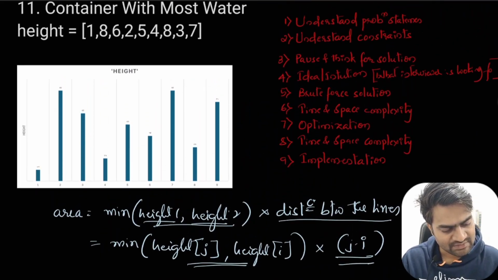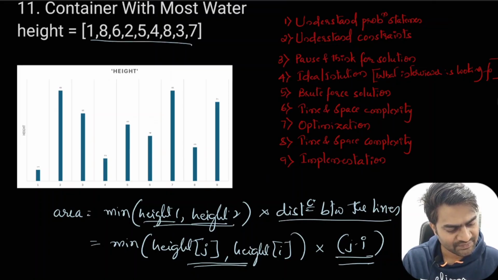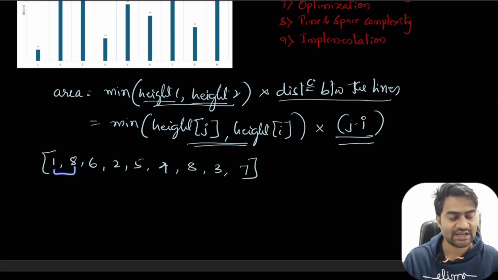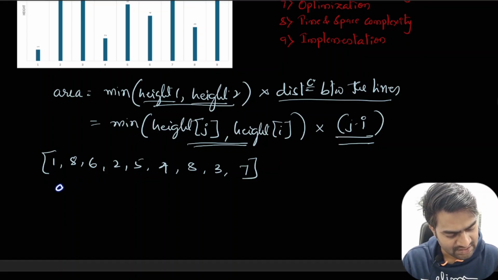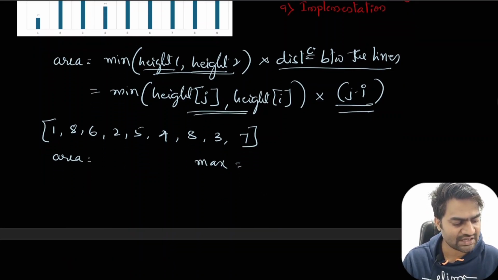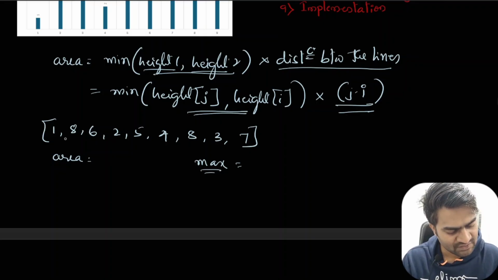So now I will take this particular array. Now I will take these two values and I will find. So area, first I will take one value area, then I will take max value. Okay, I will keep updating this max value whenever I get a maximum value. So between these two, what is minimum? 1 is minimum, correct, right?